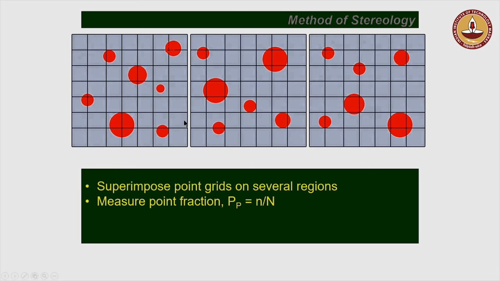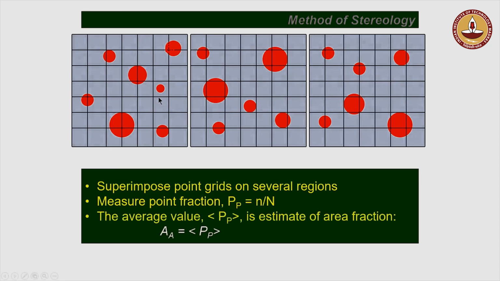Now, I get a point fraction value from each of the three microstructures, and I calculate an average value of point fraction, which I have represented in triangular brackets to represent the average.